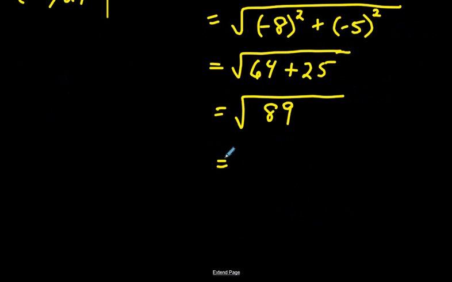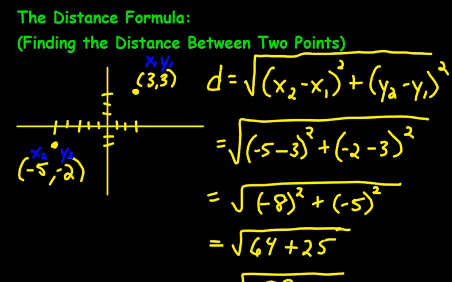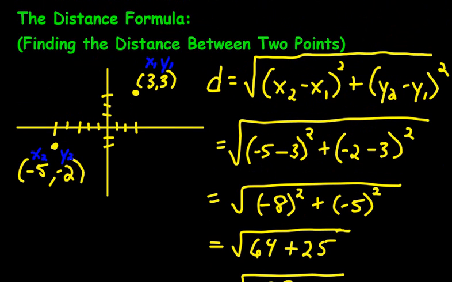And the square root of 89 is, I'm just using my calculator here, 9.4. If this was centimeters, I'd write centimeters. But basically what we found out is that the distance from here to here is 9.4.